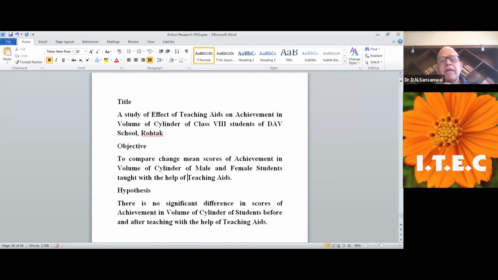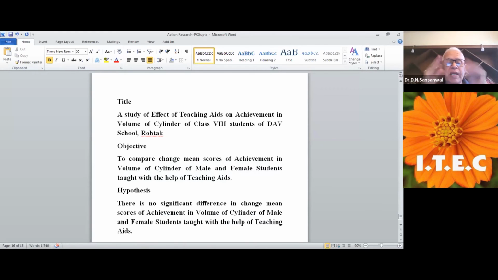And if this is my objective, then my hypothesis will be that there is no significant difference in change mean scores of achievement in volume of cylinder of male and female students taught with the help of teaching aids.